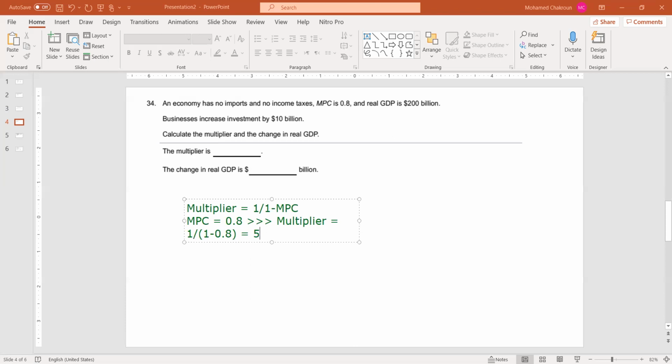Calculate the change in real GDP. So the change in Y is equal to 1 divided by 1 minus MPC, or it's equal to the multiplier times the change in investment, since businesses increase investment.